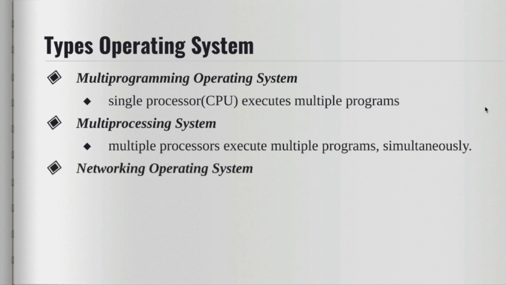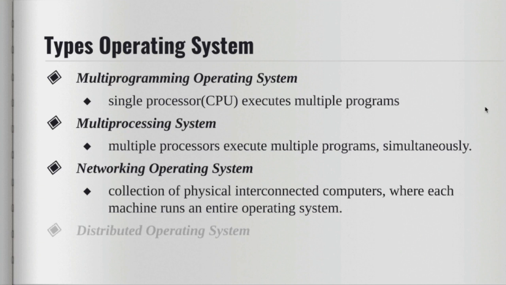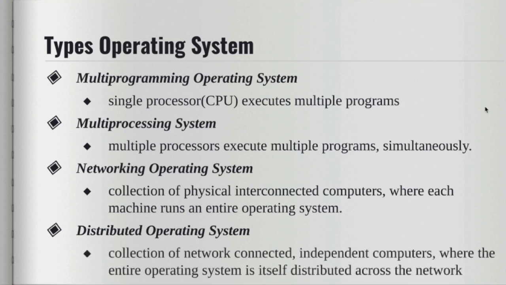You also have network operating system, which is basically a collection of physically interconnected computers where each machine runs an entire operating system. And then you have the distributed operating system, which is a collection of network connected independent computers where the entire operating system is itself distributed across the network.